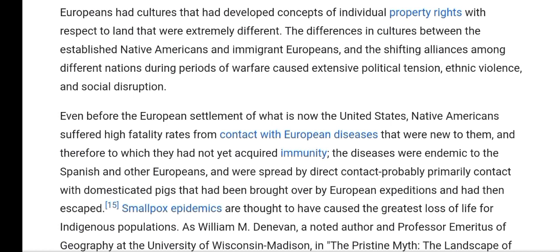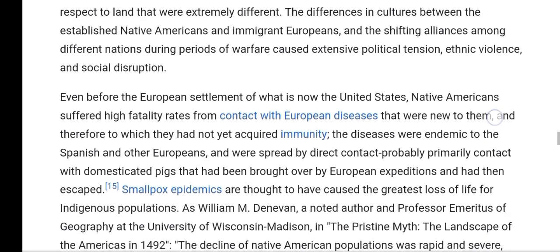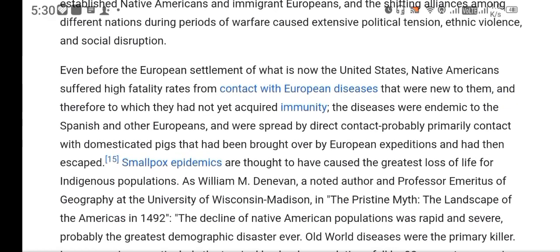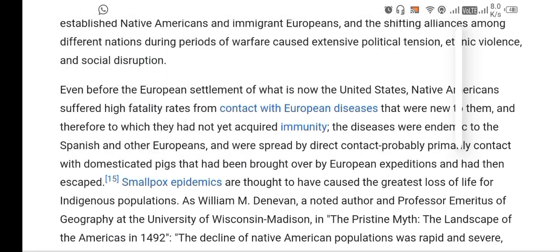Smallpox epidemics are thought to have caused the greatest loss of life for indigenous peoples.